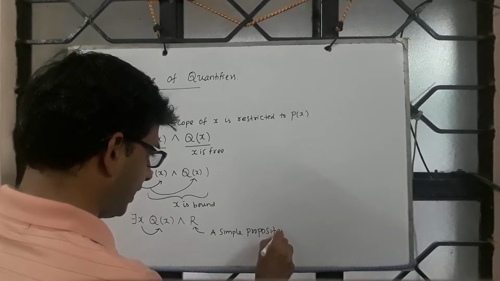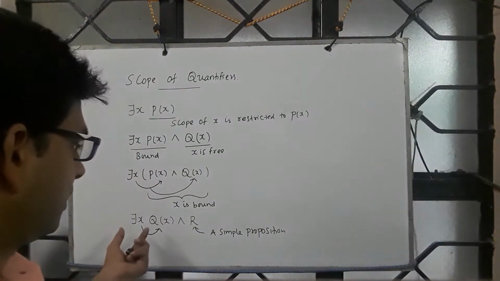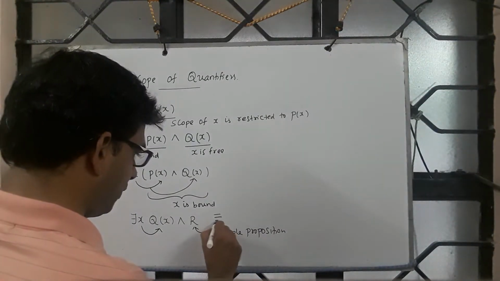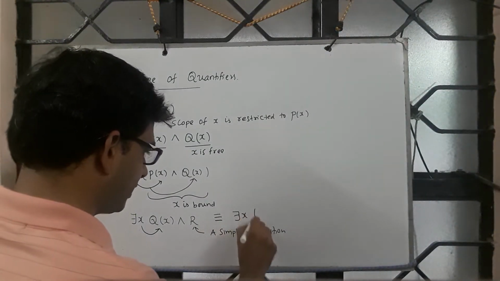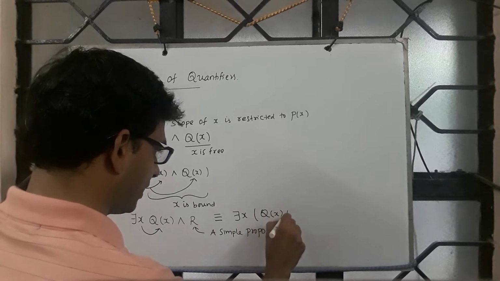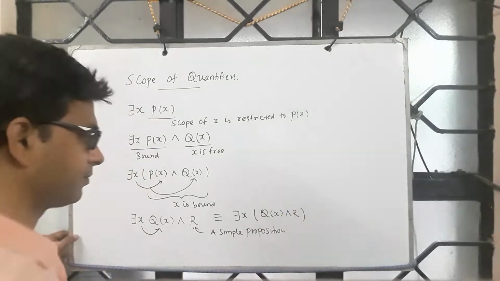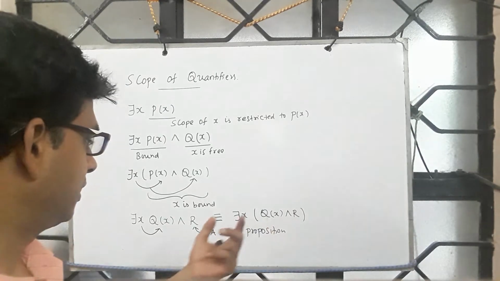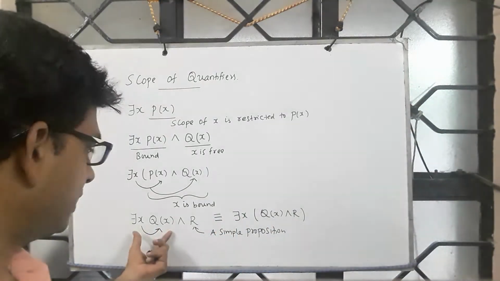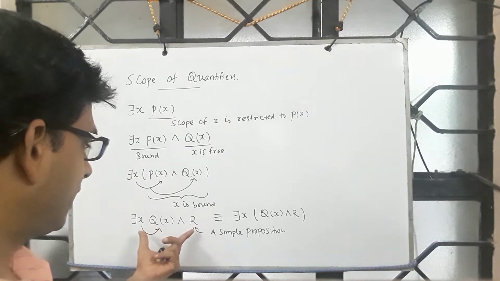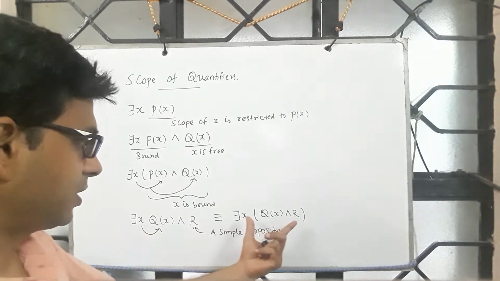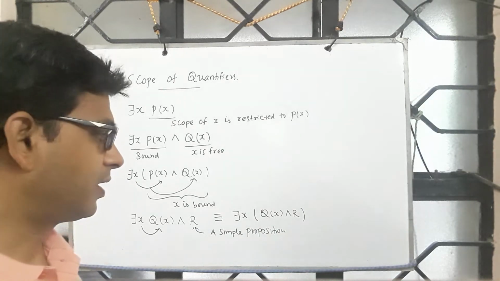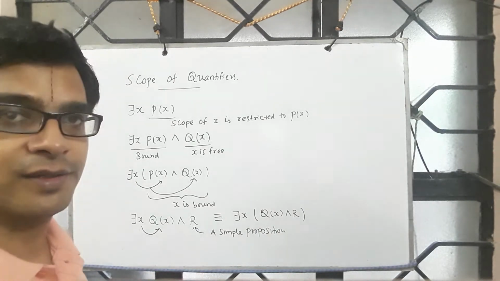So when you have something like this, it is equivalent to writing there exists x, q of x and r. Anyway, r does not have the variable x, so x is only bound to this. Whether you write it like this or including r, it will not change the meaning.